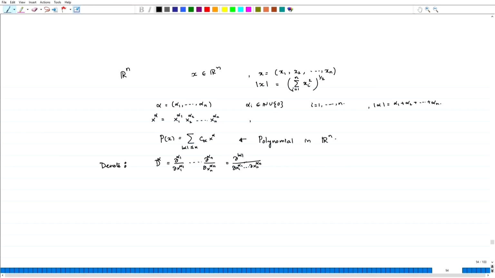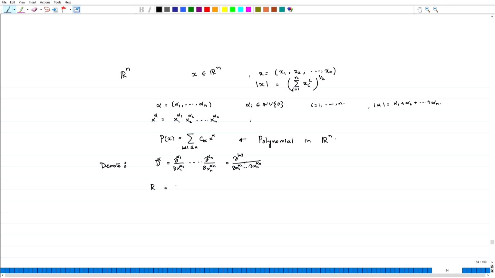What does Riemann do? He takes an interval and a bounded function from the interval to R, a real valued bounded function. So, now what is going to be replaced by an interval? In higher dimension, it is going to be replaced by a rectangle. What is a rectangle?